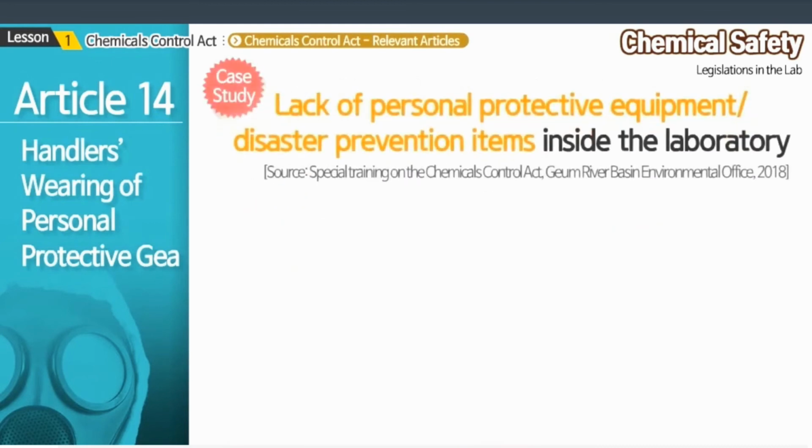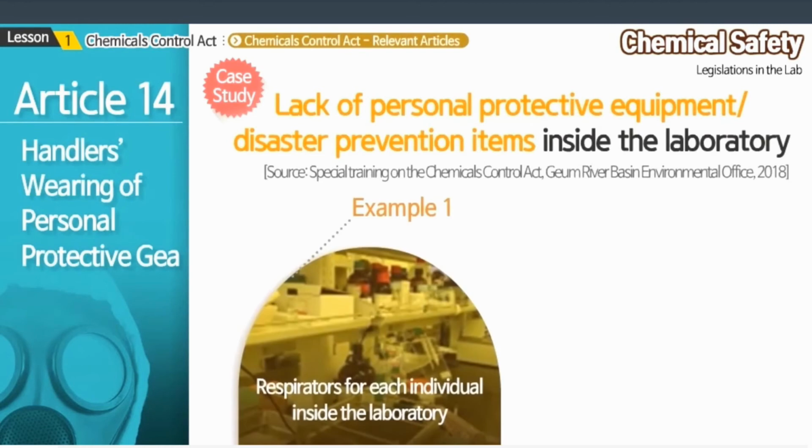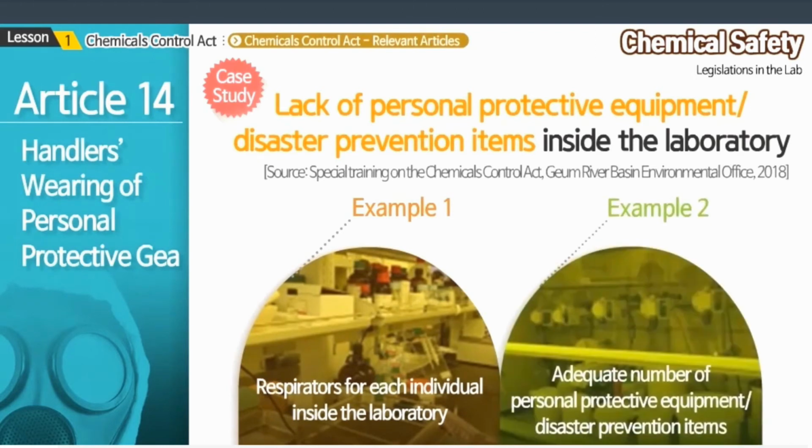This case study shows an example of personal protective equipment. This particular organization did not have enough personal protective equipment and disaster prevention items inside their laboratory. Each lab must have enough protective gear and disaster prevention items to cover each and every person that handles hazardous chemicals at all times, and to respond swiftly when chemical accidents occur.